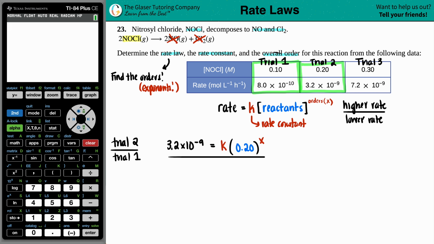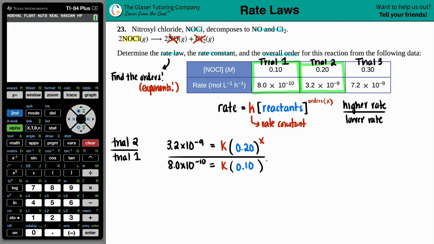Anyway, trial 1, the rate is 8.0 times 10 to the negative 10th equals, I still don't know that rate constant, so K, times the 0.10, and that's raised to the same exponent because it's the same reactant.